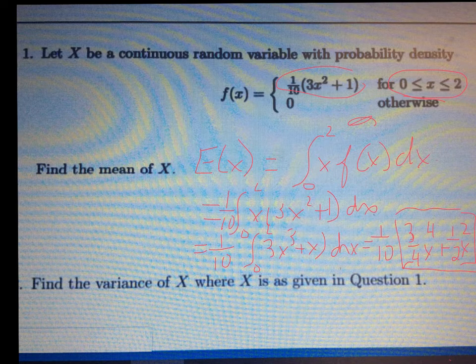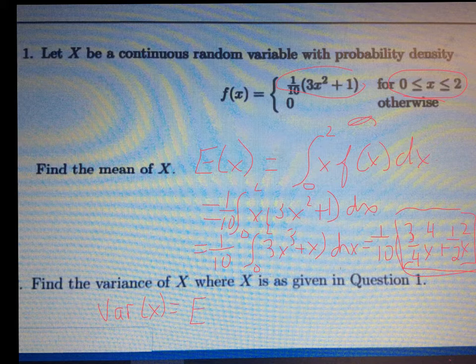And so really it's just going to be the value of 1 over 10 times this bracket, evaluated at x equals 2.